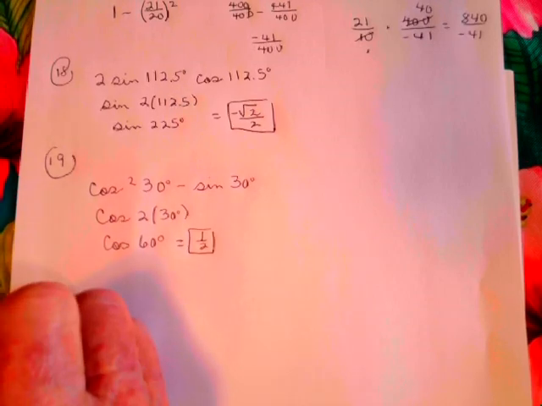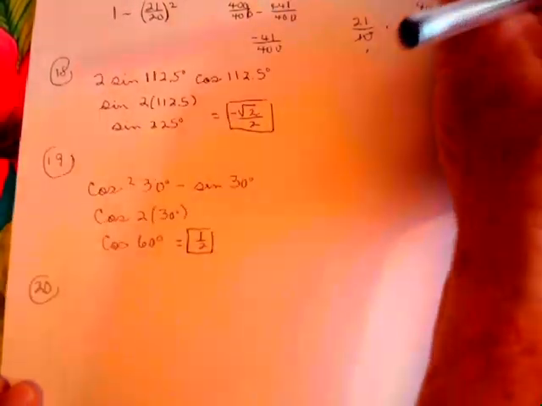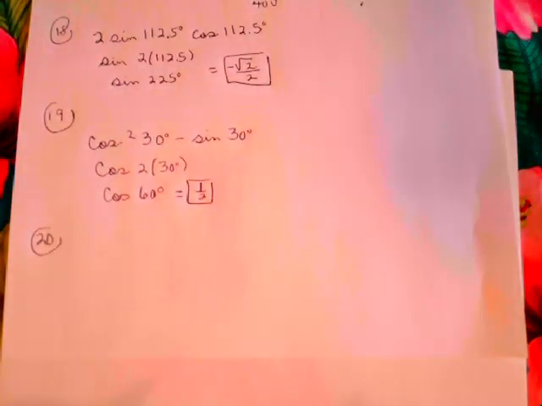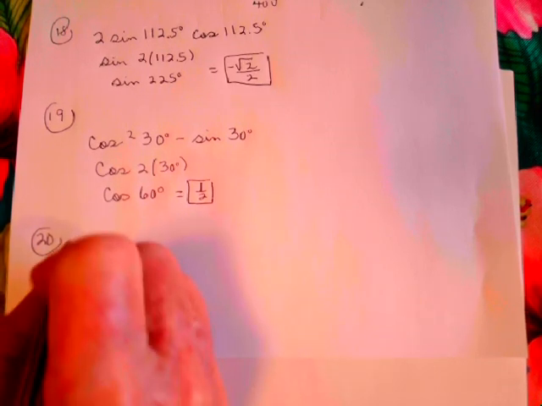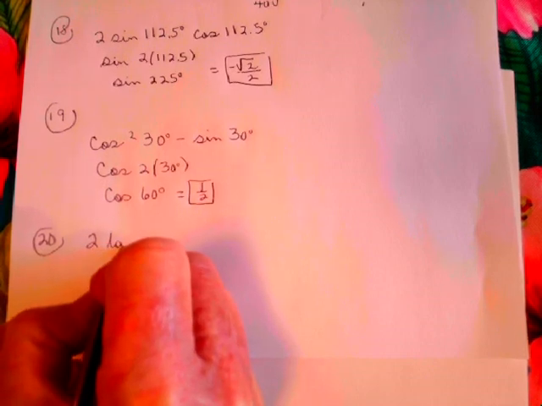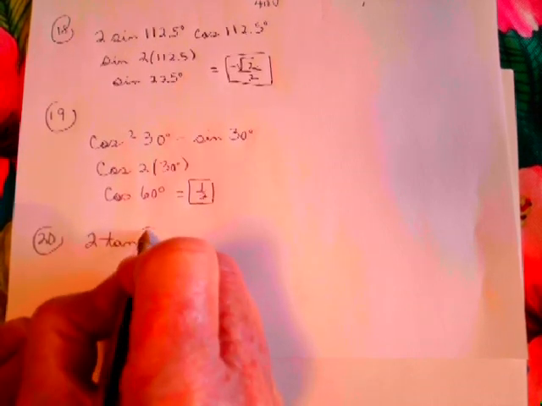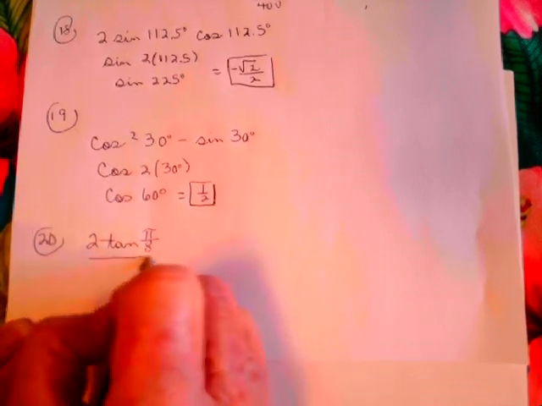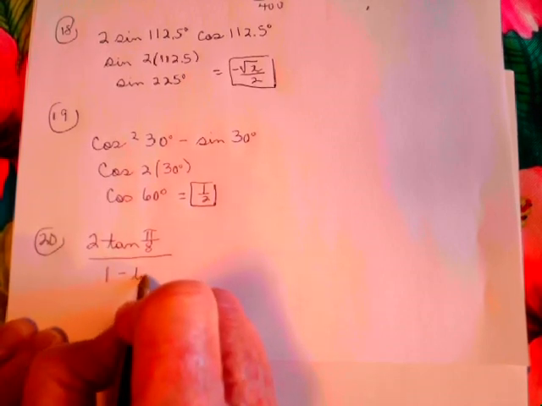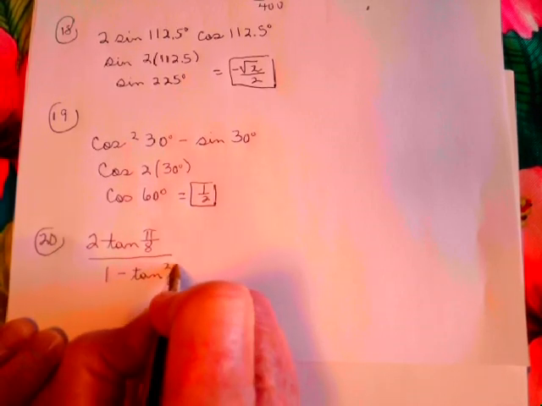Number 20. We have 2 times the tangent of pi over 8 over 1 minus tangent squared of pi over 8.